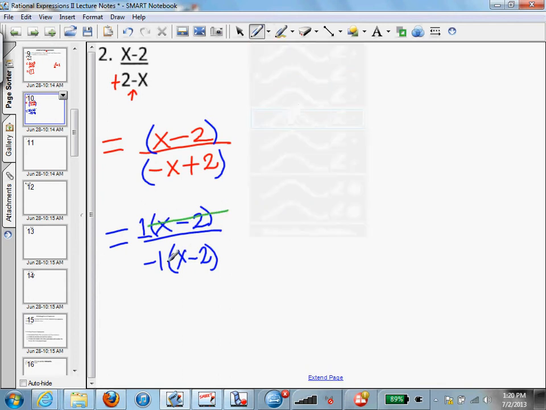So we see that these two are the same, canceling out, leaving us with 1. So we're left with 1 over negative 1, which reduces to just a negative, because a positive divided by a negative is still a negative, leaving us with just a negative 1.